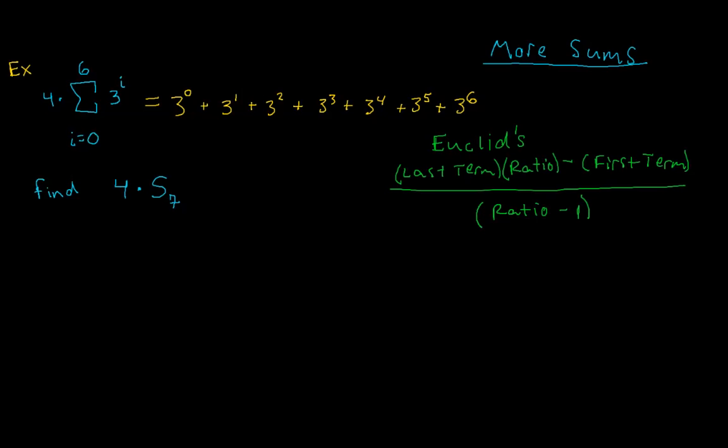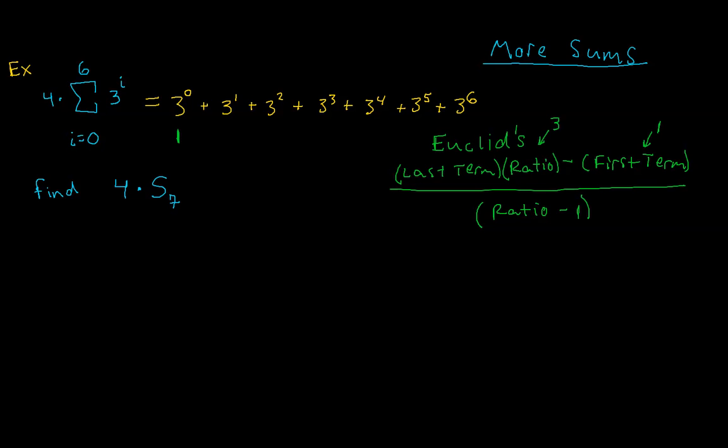Okay, so let's find these things. The ratio is 3, multiplying by 3 every time. The first term that I'm subtracting is actually just 1, 3 to the power of 0. Remember, anything to the power of 0 is just 1. So what I'm plugging in for the ratio is 3, and for the first term, that is just 1.